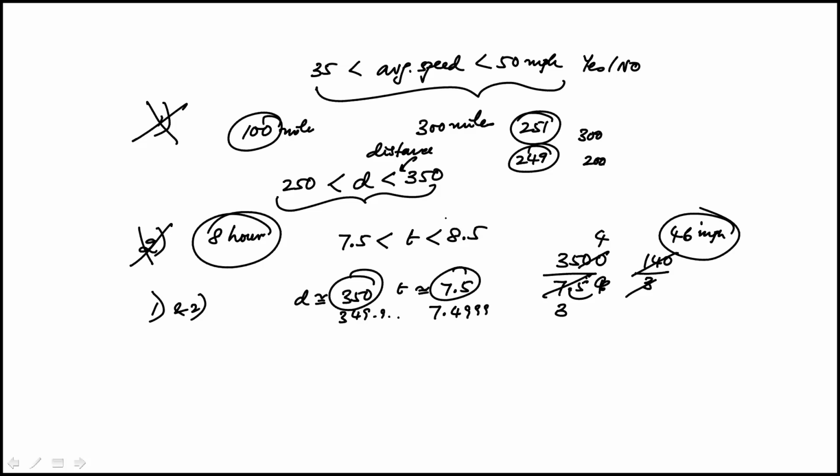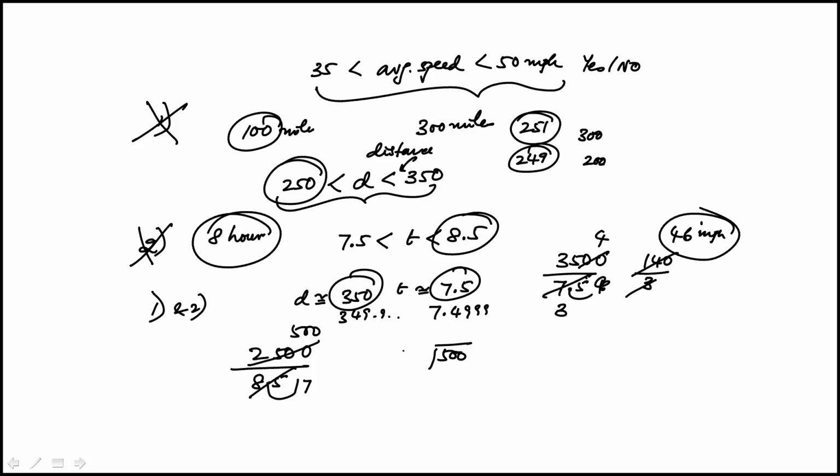And I'm going to look at the other extreme, what's the lowest it could be, which would be taking that value, dividing it by 8.5. 250 over 8.5 is probably going to be 17, 8... no, actually, 17.9.